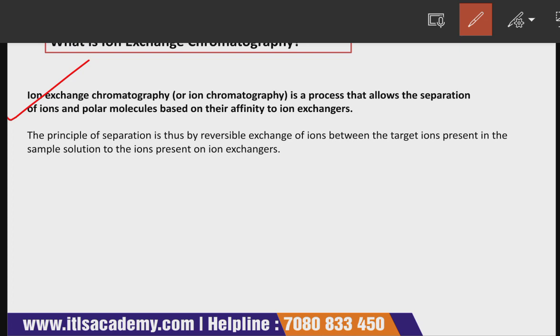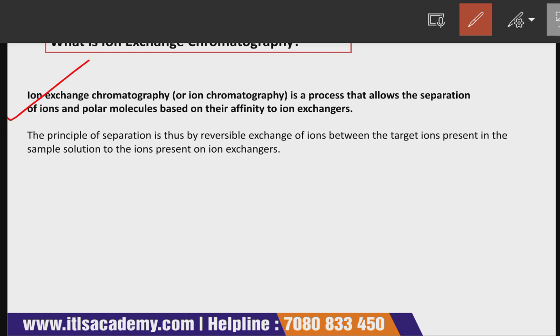Ion exchange chromatography is a powerful technique that is used to separate two proteins which are very similar to each other but differ from each other in having one charged amino acid.